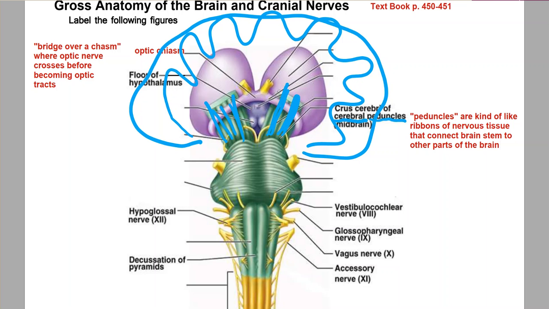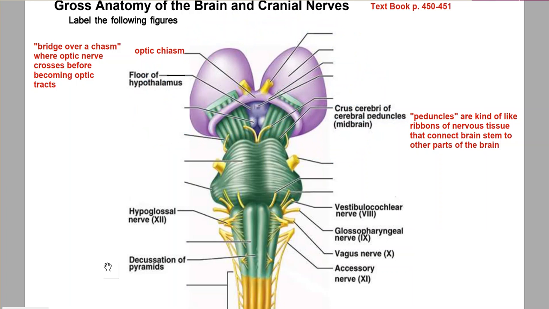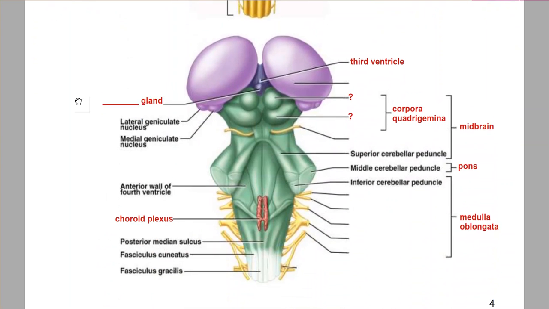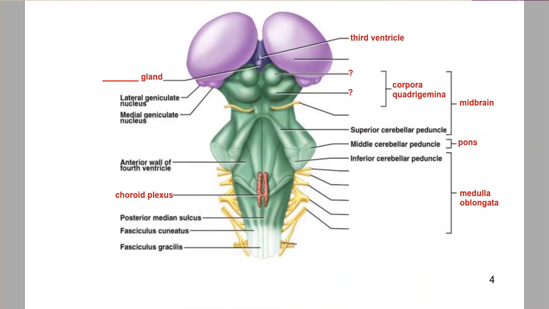We're also, in the next picture, going to see some cerebellar peduncles. And so just think of them as the ribbons of connecting nervous tissue. So let's go down to the next picture. This is a picture of the posterior aspect of your brainstem, and we can see those cerebellar peduncles.